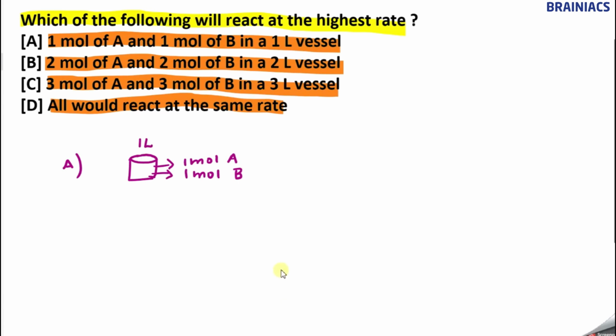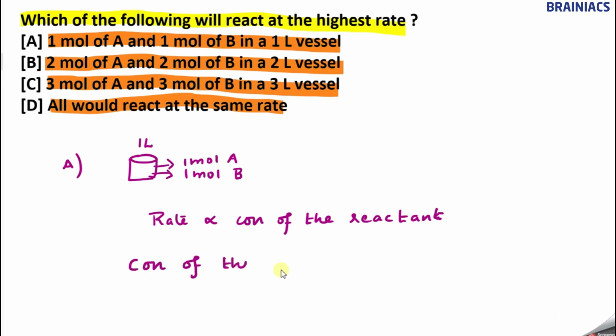We know that the rate of a reaction is proportional to the concentration of the reactant, correct? Now what is the concentration of the reactant?